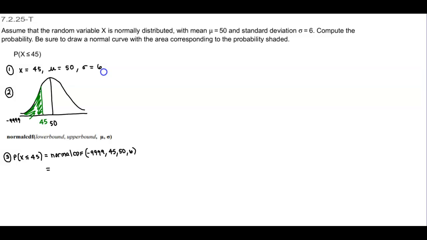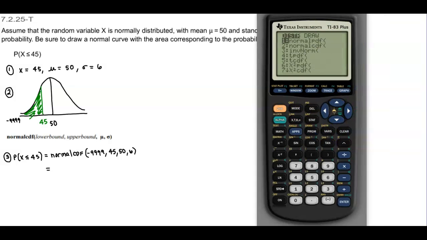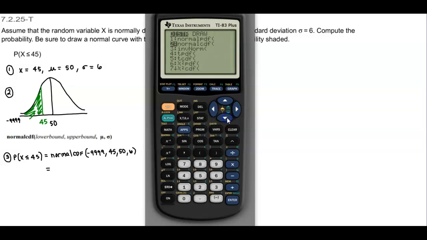So let's see what that gives us here. If we plug that in, we go to second distribution, and we're going to go down to normalCDF. We're going to put in -9999, comma 45 as the upper bound. The mean is 50, and the standard deviation is 6.